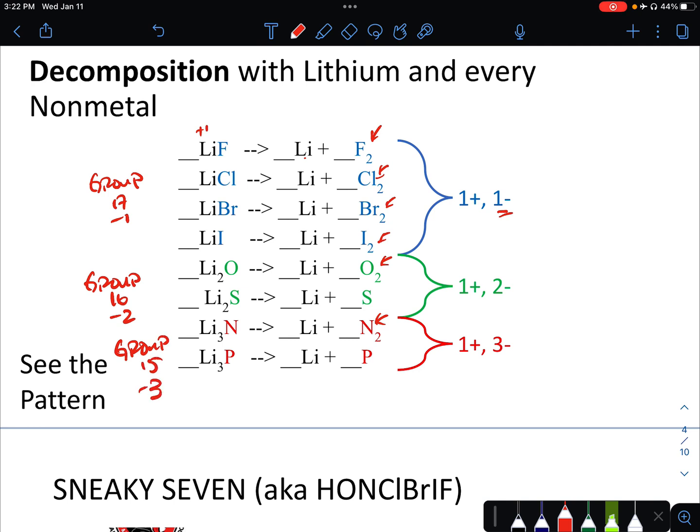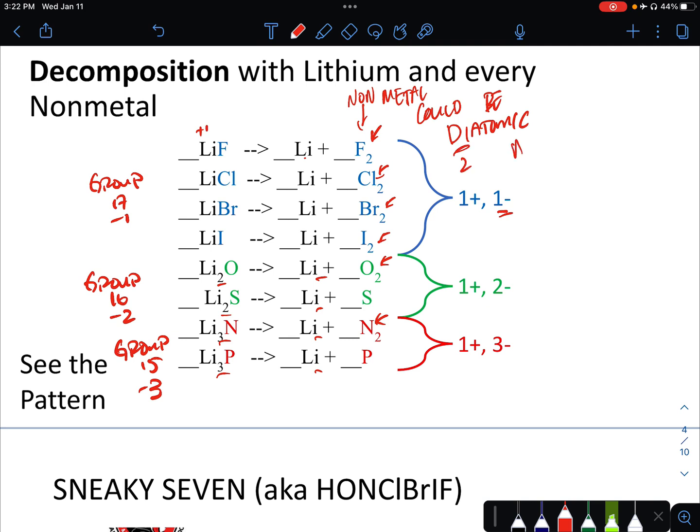And notice we don't take the 2 and put it below the lithium. Don't take the 3. All we're going to do is just write it as it is. The weird thing about this is that this non-metal could have multiples, meaning it could be diatomic.